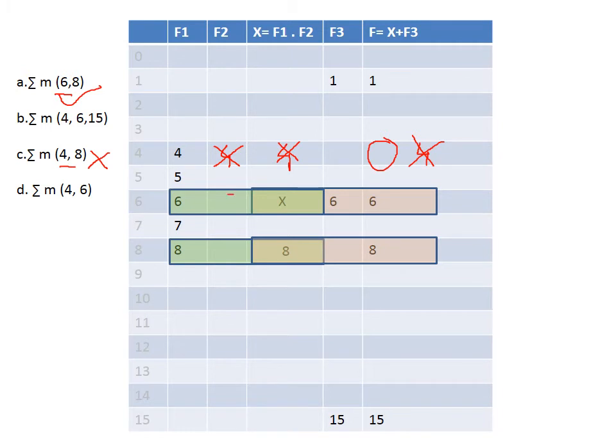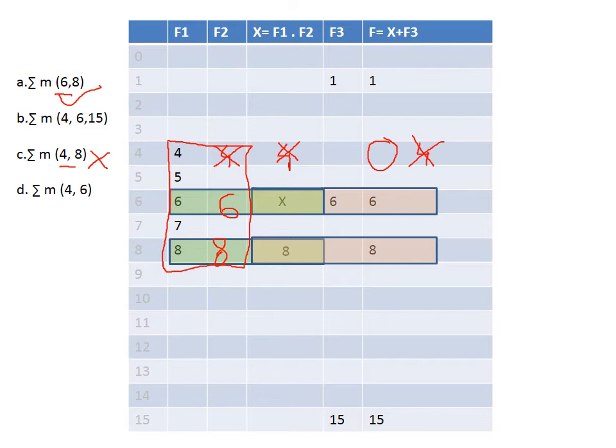Okay, so I have shown you the table. So this will be a 6 here and an 8 here. None of the other answers can be possible. If you are thinking it can be a 15 also, but 15 is not available in f1, so f2 can only exist in this boundary.